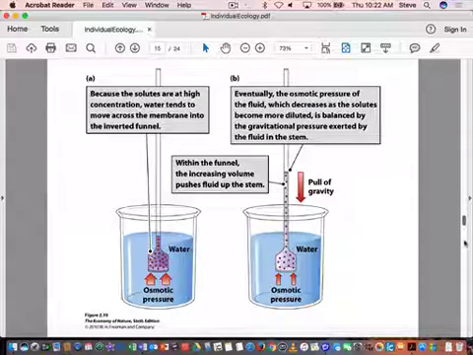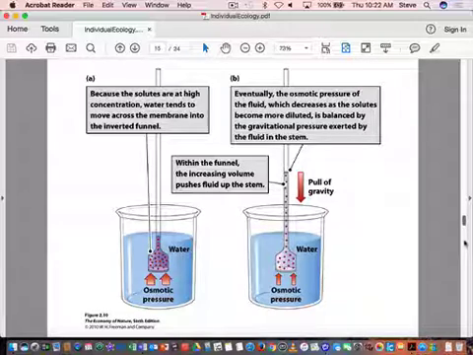So what happens here, and we're not going to go into all the detail, is you have this osmotic pressure. Assuming this is a semi-permeable membrane, it's not a flask, but a root is a semi-permeable membrane, and it can suck up water. If you have this kind of gradient, water is naturally going to move across that barrier into the higher concentration.